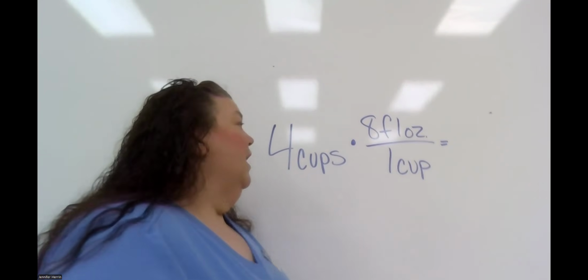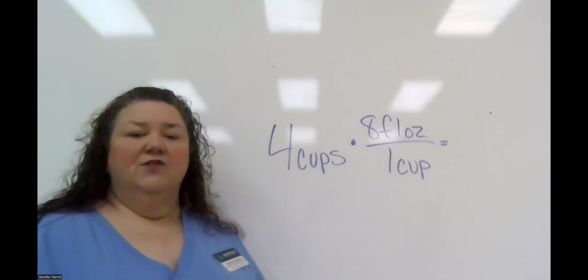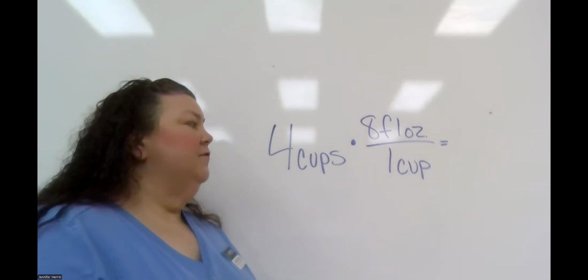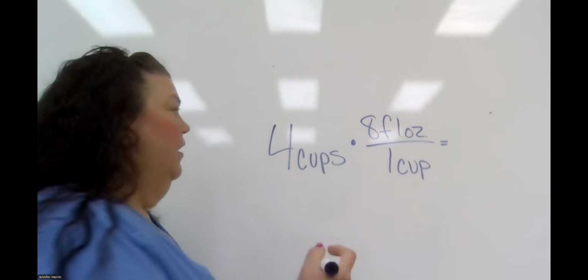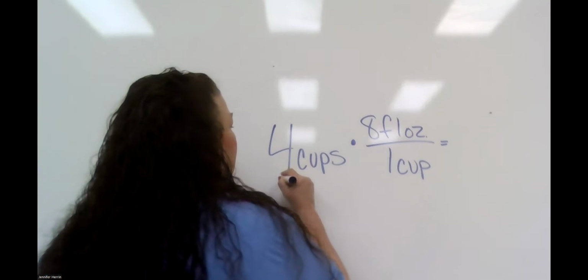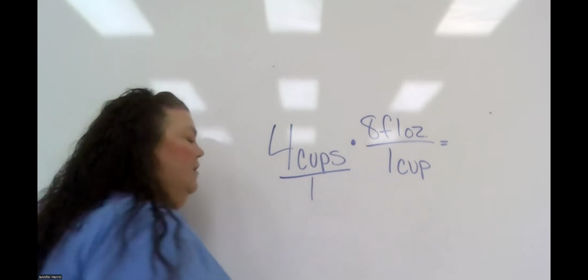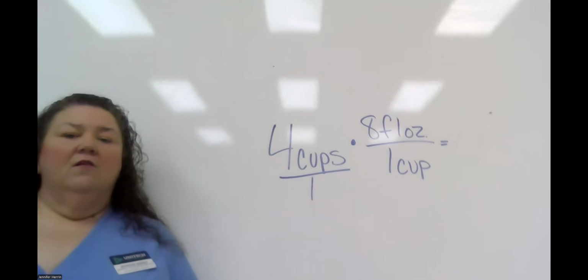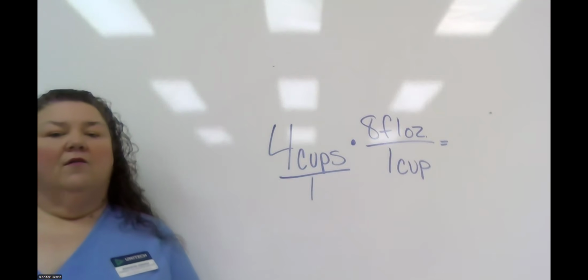So I can set up an equation such as this. 4 cups, we're going to multiply it times the number of fluid ounces in 1 cup. Now, when I have a whole number, it is understood to be over the number 1. So I really have 2 fractions here that are just being multiplied together.